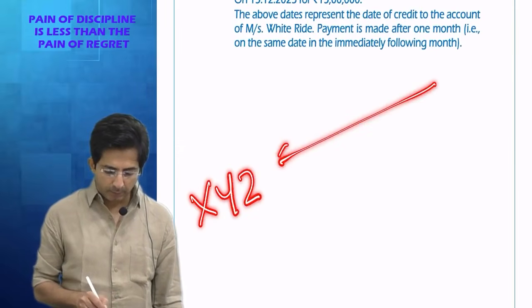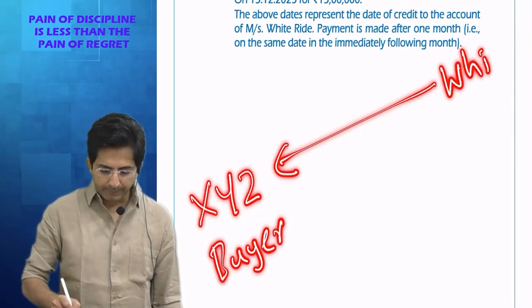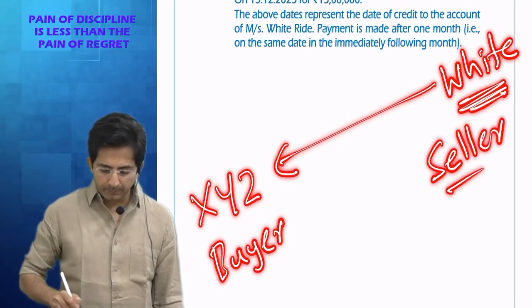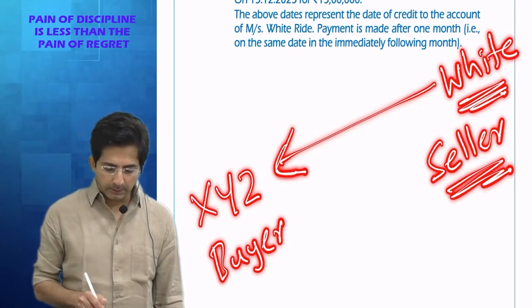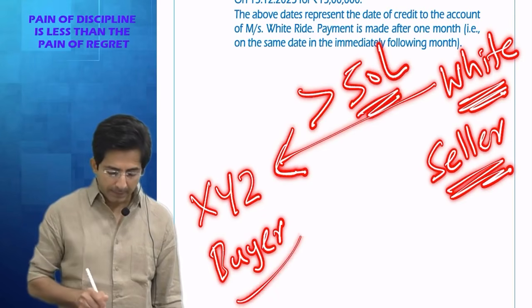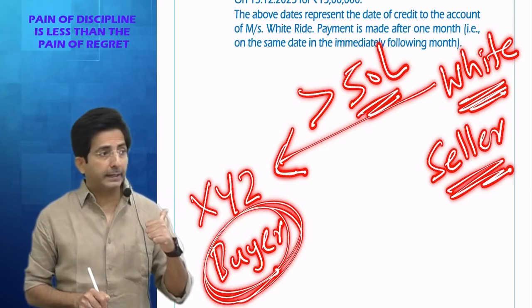XYZ is the buyer of the goods. And who is the seller? Y Trade Limited. And TDS is to be complied by the purchaser of the goods. But what is the condition? Purchase should be more than 50 lakhs. And buyer's turnover in the preceding financial year should be more than 10 crores.